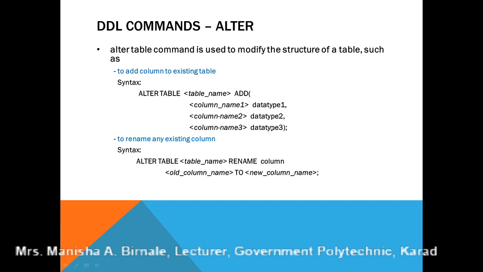Suppose you want to add three columns, then you have to write three pairs of column name and data type, and after that you complete the round bracket and add a semicolon. So in this way you can add a new column in an already existing table.